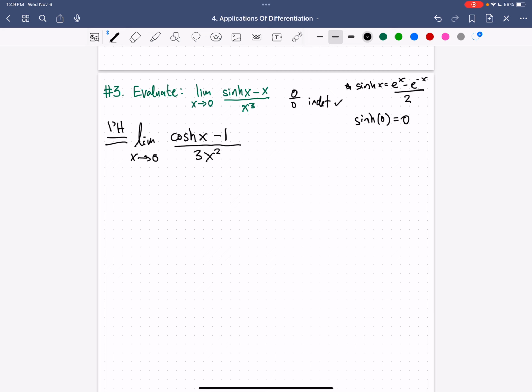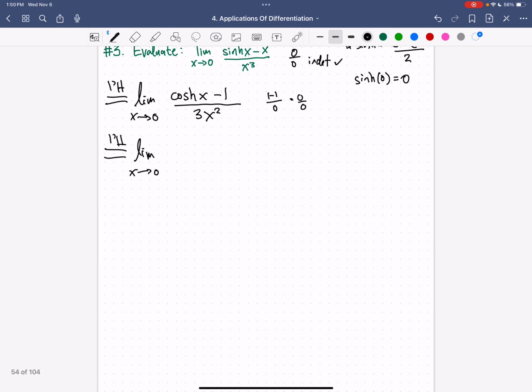Here we get 1 minus 1 over 0, so 0 over 0, and we can use L'Hopital again. The derivative of cosh is sinh.